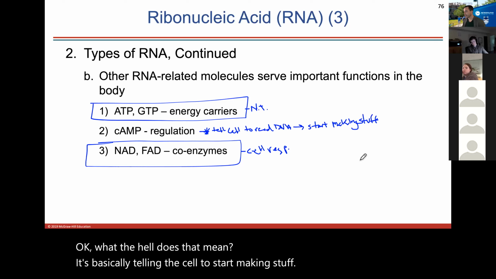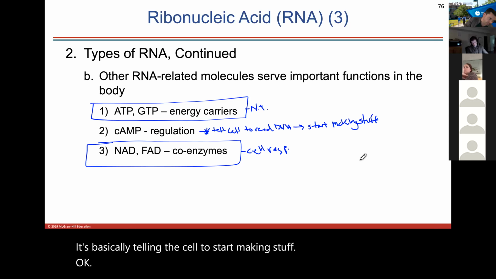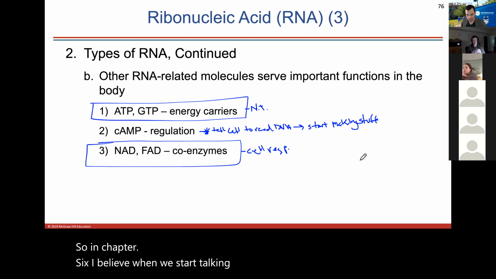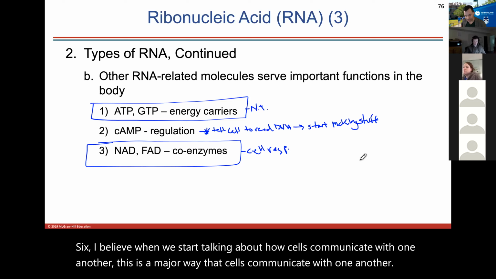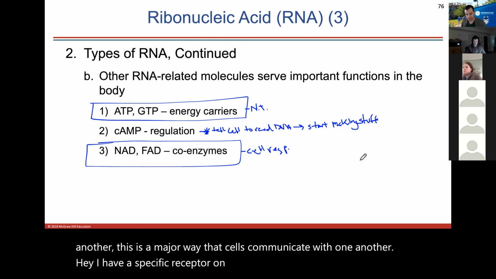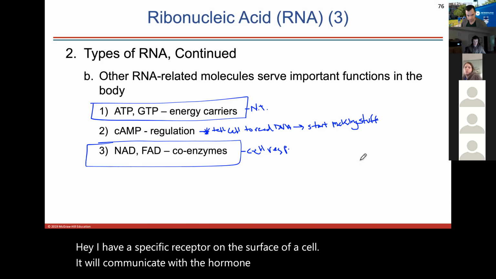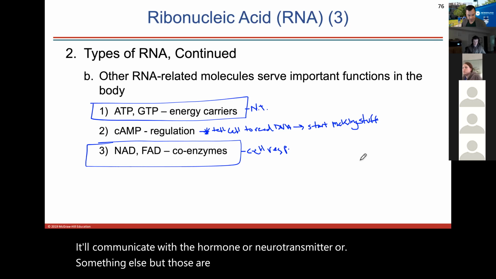Okay. So in chapter 6, I believe, when we start talking about how cells communicate with one another, this is a major way that cells communicate with one another. I'll have a specific receptor on the surface of a cell. It'll communicate with a hormone or a neurotransmitter or something else, but those are the two major things.